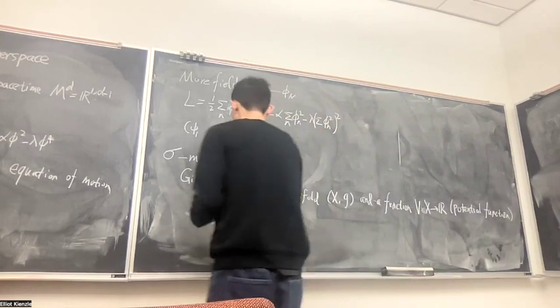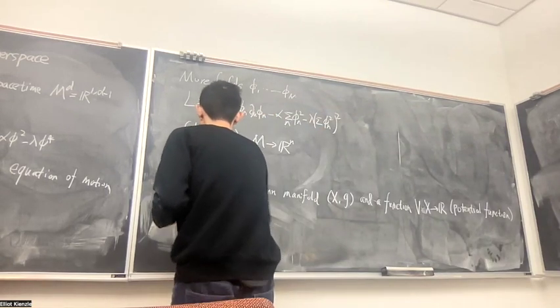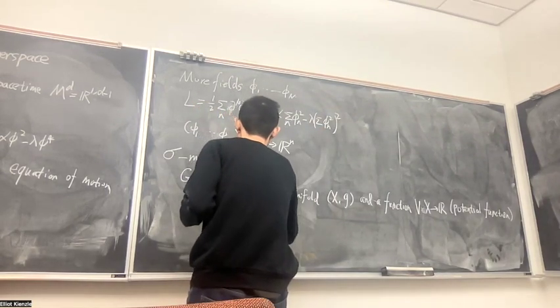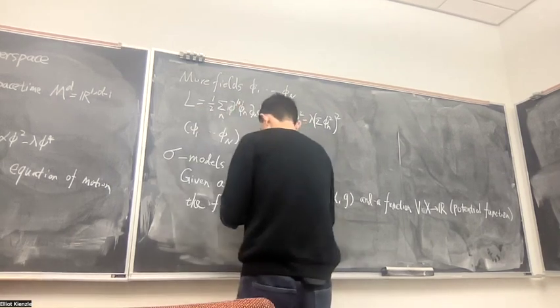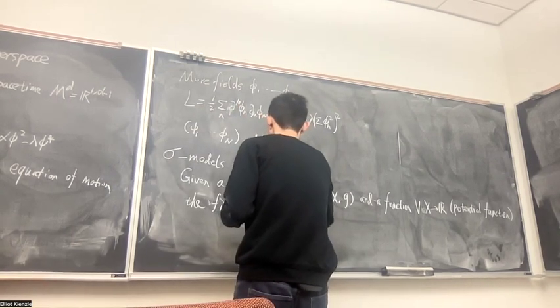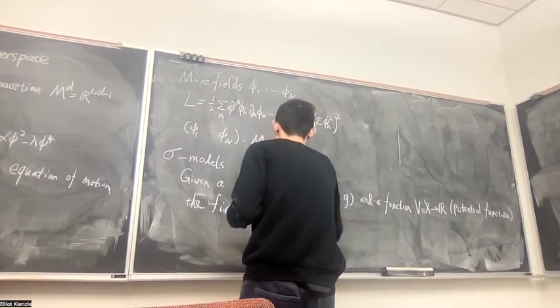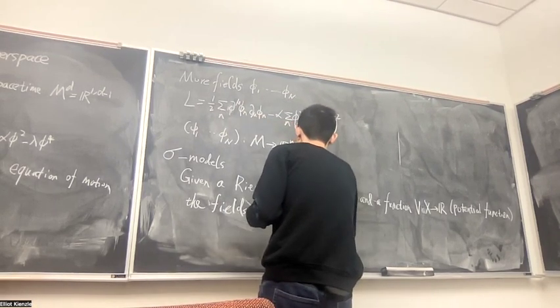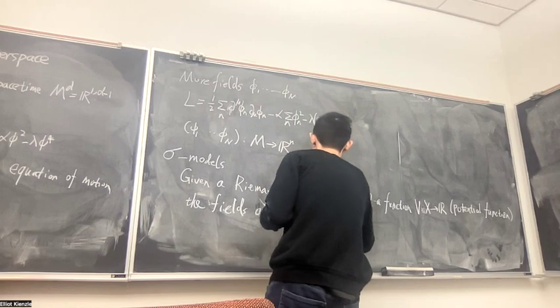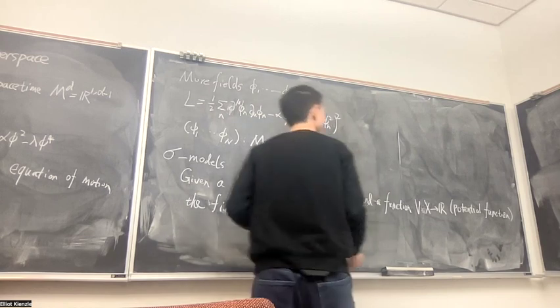So the fields of the sigma model are maps phi from your spacetime to this manifold.